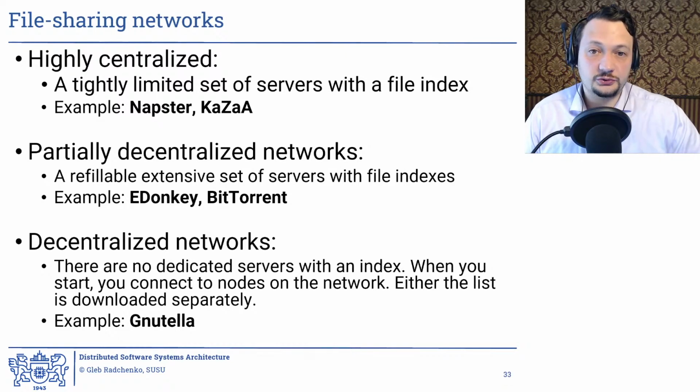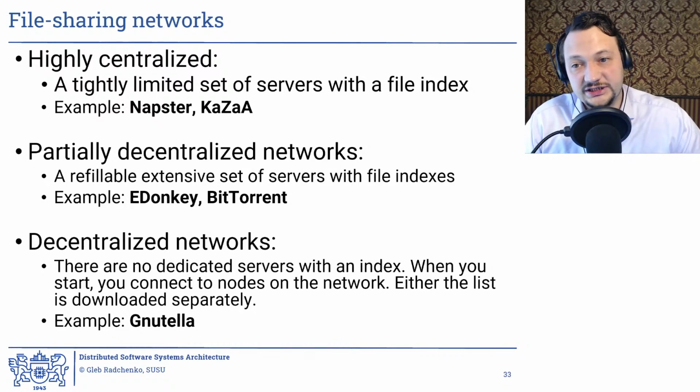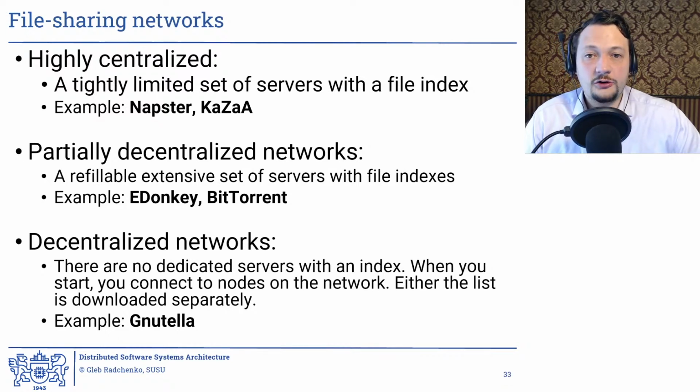Examples of these networks are Napster, that was in the beginning of peer-to-peer systems, and Kazaa, that was famous in the early 2000s. But now these networks were reorganized because of the legal issues with the content distribution.